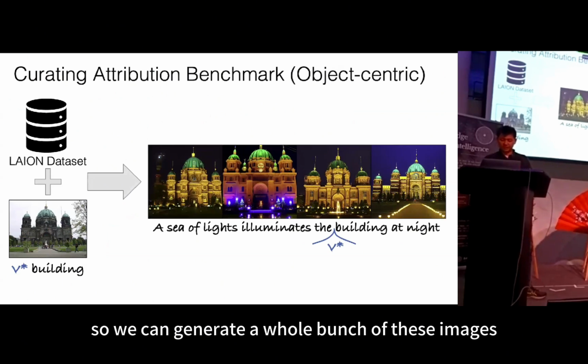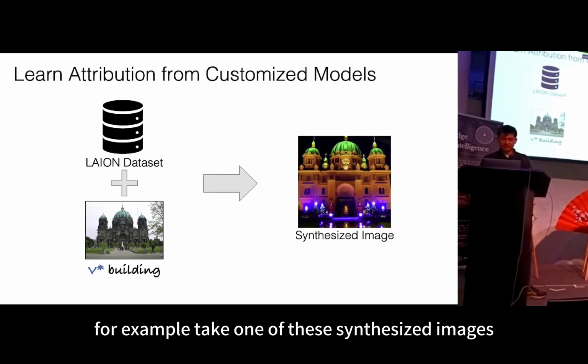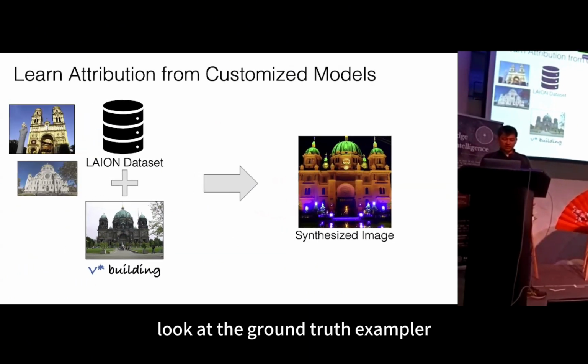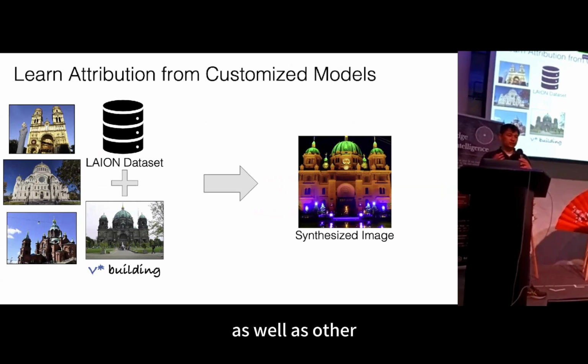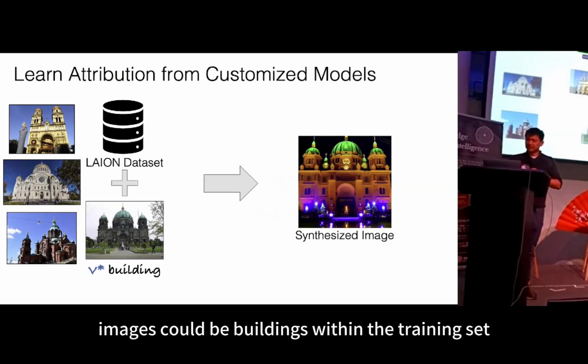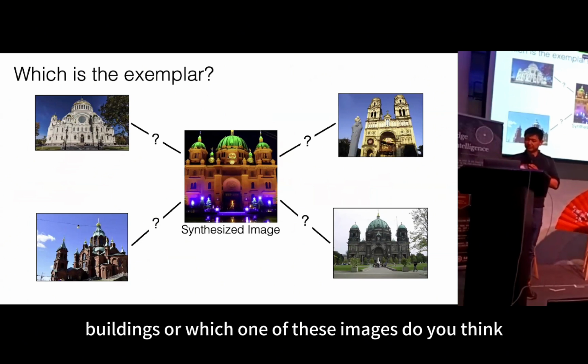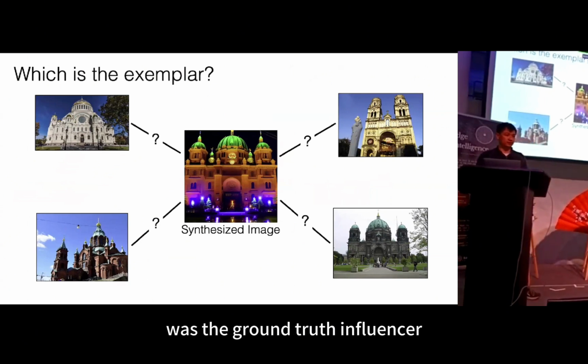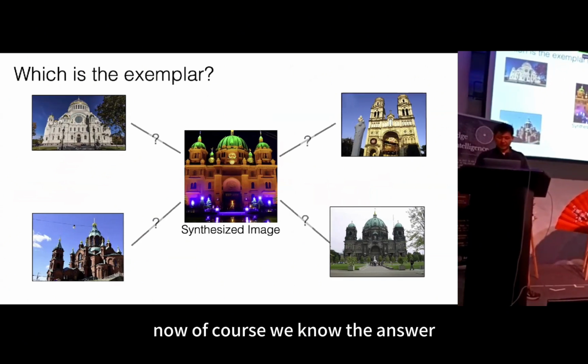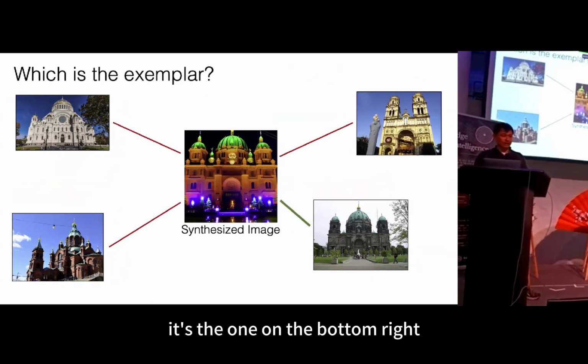So we can generate a whole bunch of these images, for example. Take one of these synthesized images, look at the ground truth exemplar as well as other images, could be buildings within the training set. And then we can ask an algorithm, hey, which one of these buildings or which one of these images do you think was the ground truth influencer? Now, of course, we know the answer, and it's the one on the bottom right.